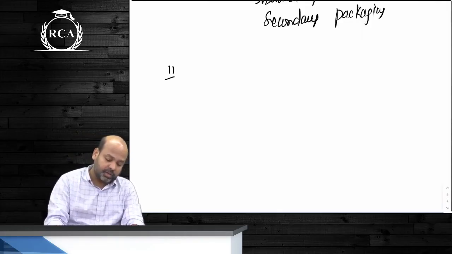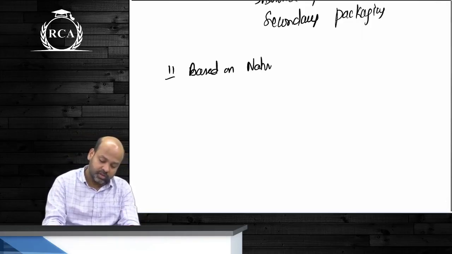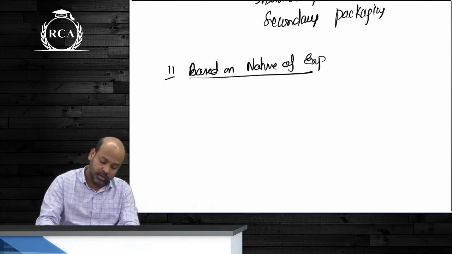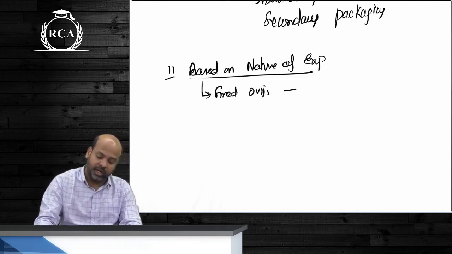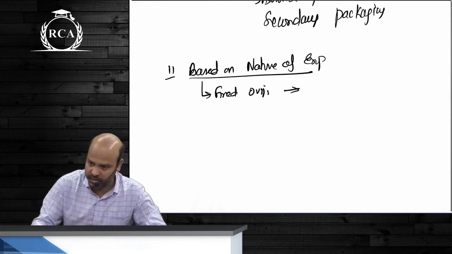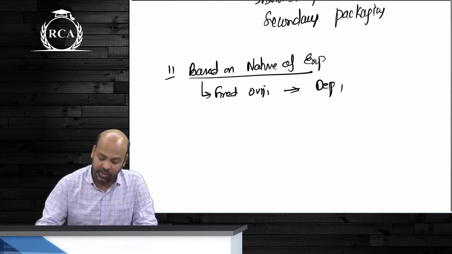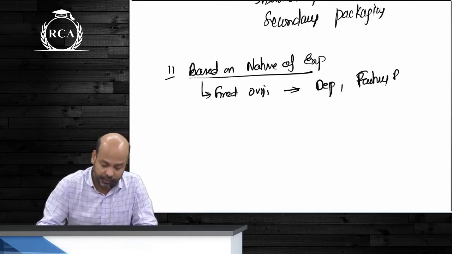Second classification, beta, based on the nature of expenditure. You divide them into what, beta? Fixed overheads. I will not give detailed examples here, beta, just one or two for your understanding. For example, you will have depreciation, guys, you will have factory rent. Can they be considered as fixed overheads?